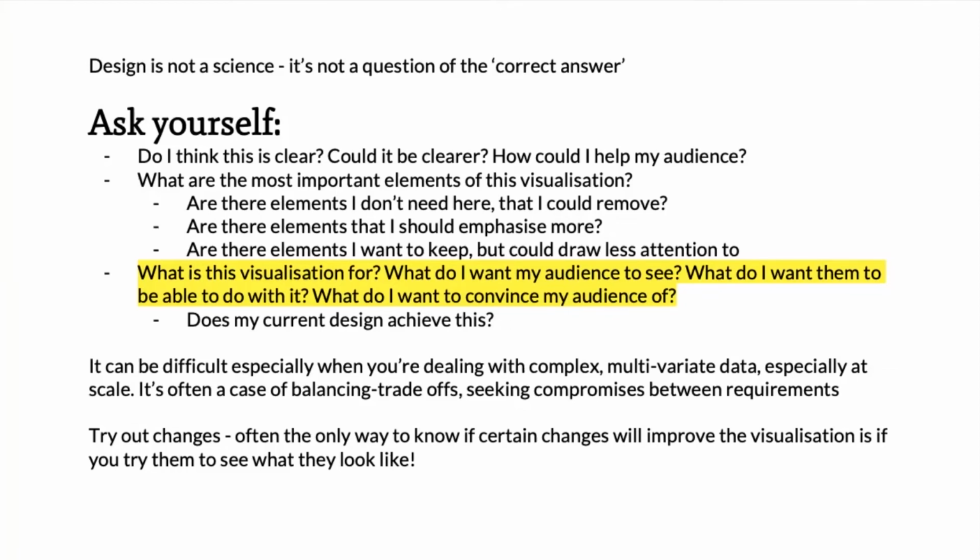The way to go about that, I'd strongly recommend, is always just try things out, try out changes. You often only know if a certain change is going to be an improvement by just trying it and seeing what it looks like. Always be trying things out and seeing if this idea you've had might be an improvement, might solve this problem, can make your visualization more legible, so that it's better designed for the purpose that you have in mind.